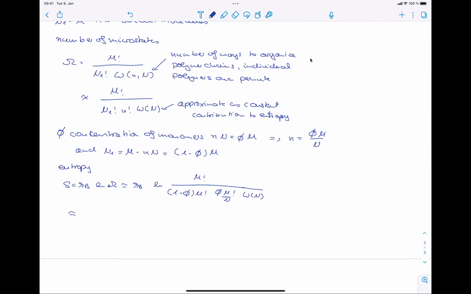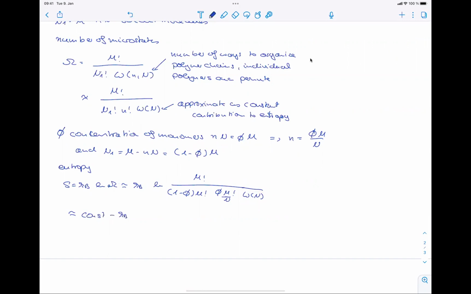And then if we go through the game of applying Stirling's formula again for M and N being large, we arrive at this really adding up to a constant.